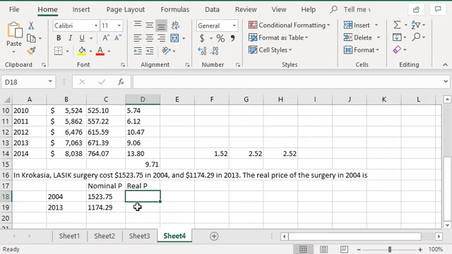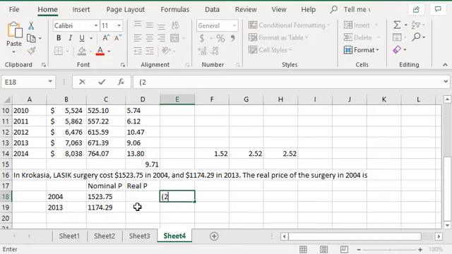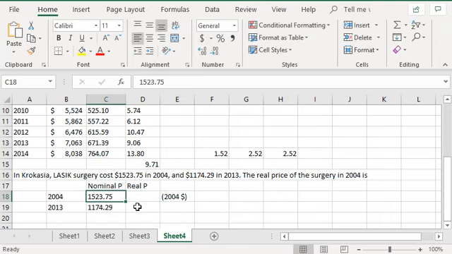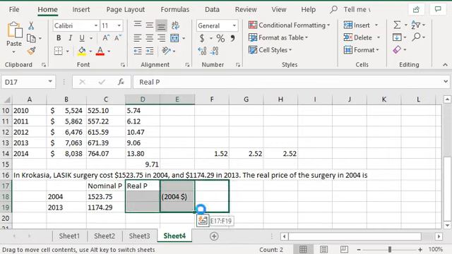And this real price here is in 2004 dollars. So over here I'm going to put in parentheses 2004 dollars. Okay? And the nominal price here is in, let me split this out.